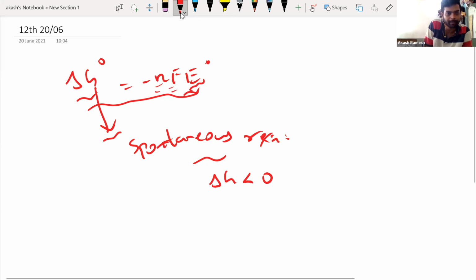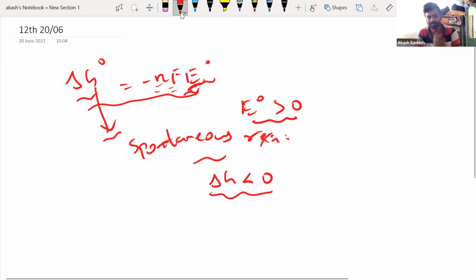N is a number, F is also a number, but E naught is what is going to decide whether that particular reaction is going to be spontaneous or not. And if I know that for a spontaneous chemical reaction, delta G should be less than 0, obviously the E naught value should be greater than 0.